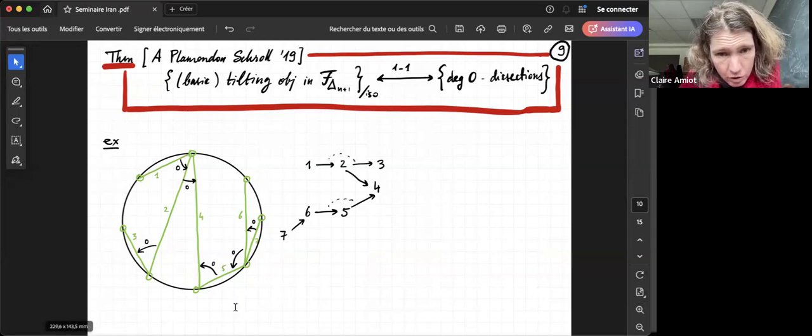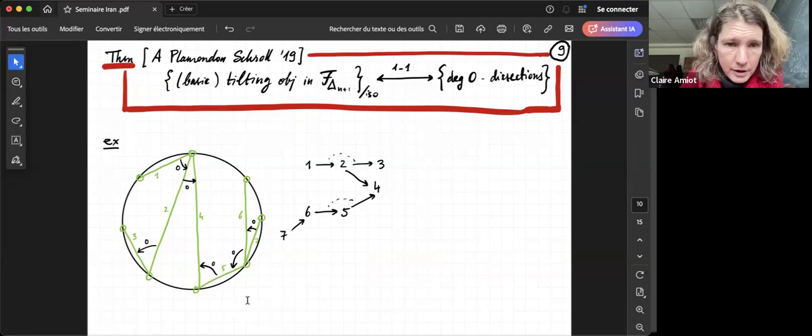So here is an example. I take this dissection, which is a bit more complicated than the previous one. I still have 7 arcs for my dissection. And I have one morphism from 1 to 2. I have one morphism from 2 to 3. But here the composition is 0 because I don't have any morphism from 1 to 3, since these arcs don't share an endpoint. So this composition from 1 to 2 and 2 to 3 is 0.